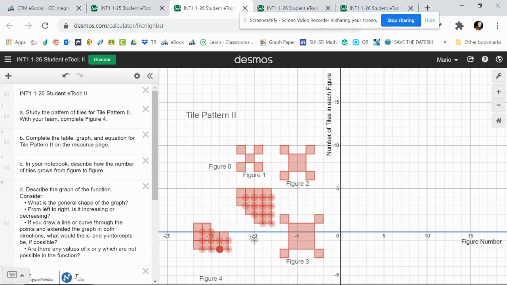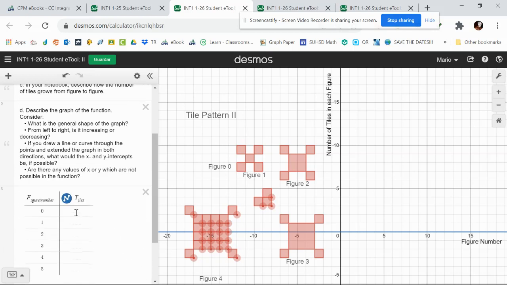Hopefully I have enough tiles for everything. Looks like I will. So that's a total of 16, and then 4 on the edges right there. So that means I would have a total of 16 plus the 4 edges, which makes a total of 20.